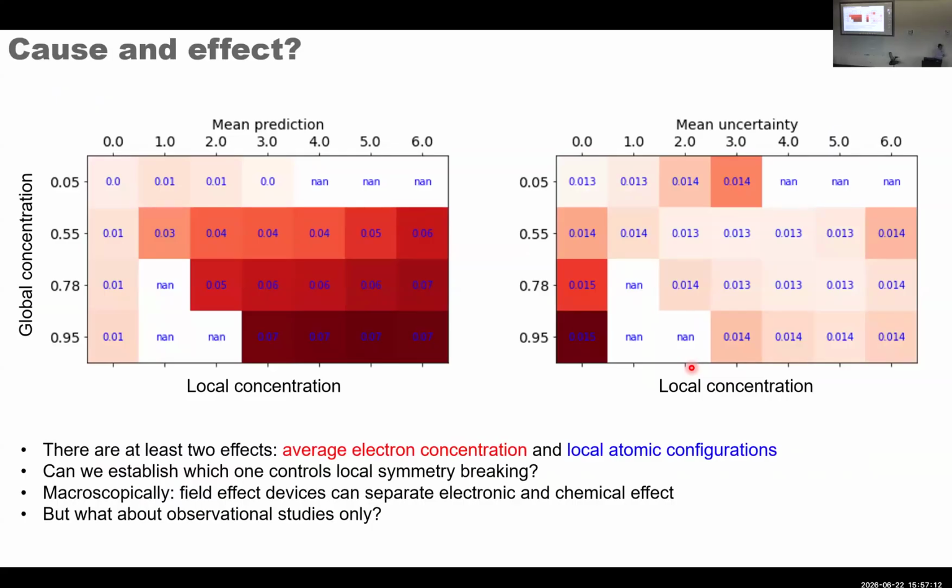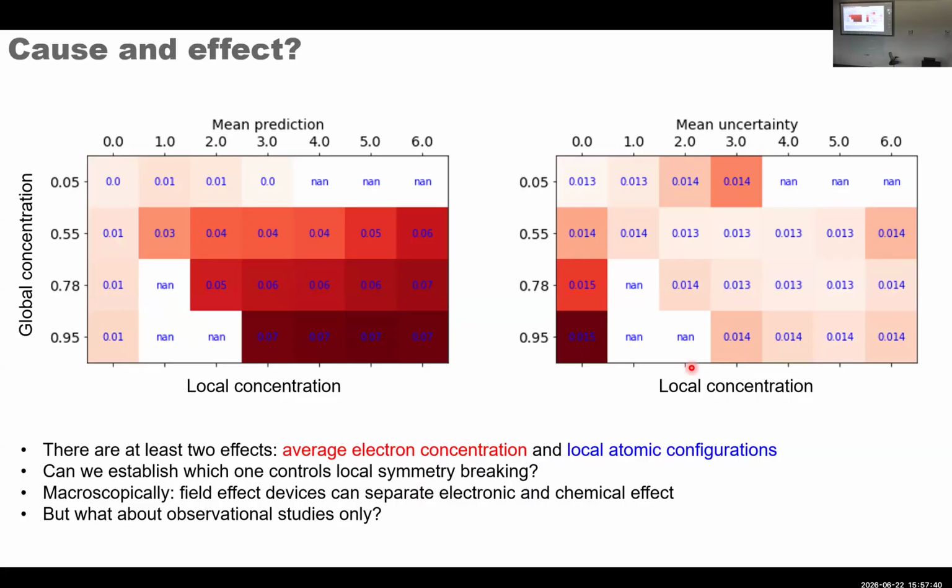But in this case, if we do the work well in physics, we start to get access to fundamentally new opportunities to learn something. For example, when we talk about this type of materials, we know that when we change molybdenum to rhenium, we do two things. First of all, we change the effective size of the atom, so that's a chemical effect. And secondly, we change the number of electrons in the system.